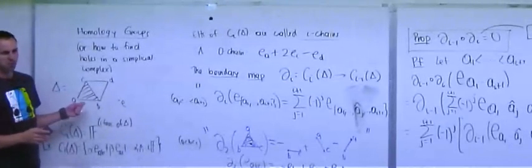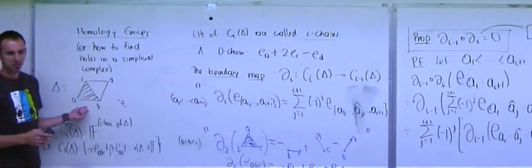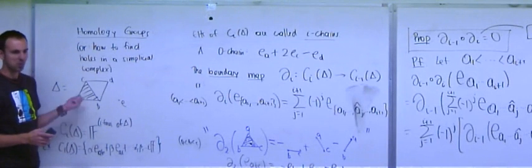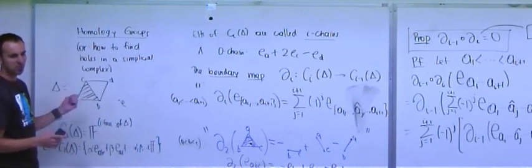But let me ask you actually, what should I get looking at this picture? Think about it. What should the homology of this thing be? In other words, how many holes does it have?